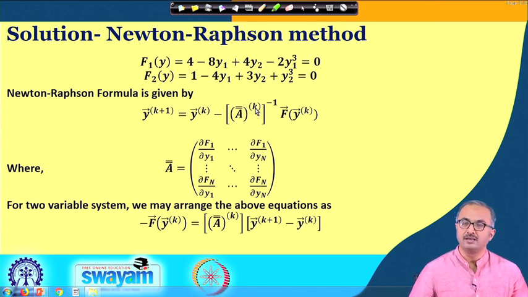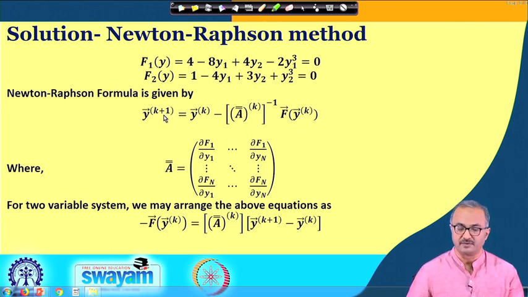And then we have to take the inverse of this particular Jacobian matrix, multiply with this function vector which is evaluated at the present level of iteration with the present values of the unknown variables, so that we get the updated values.